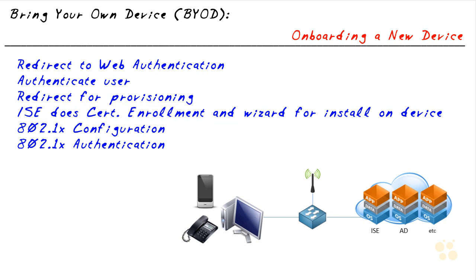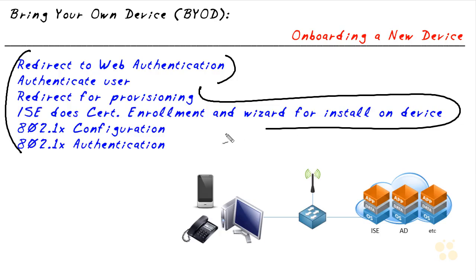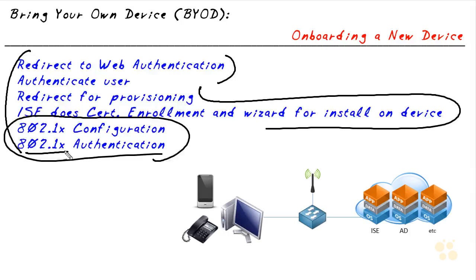In this nugget, we've taken a look at some of the options that might be used to onboard a device that is brought in by the user, including redirecting the user for initial authentication on an unknown device, redirecting them to provisioning services, including installing an identity certificate on that device, as well as downloading and configuring an 802.1x client, and then using the 802.1x supplicant to authenticate, and as part of that authentication, use the newly installed identity certificate.